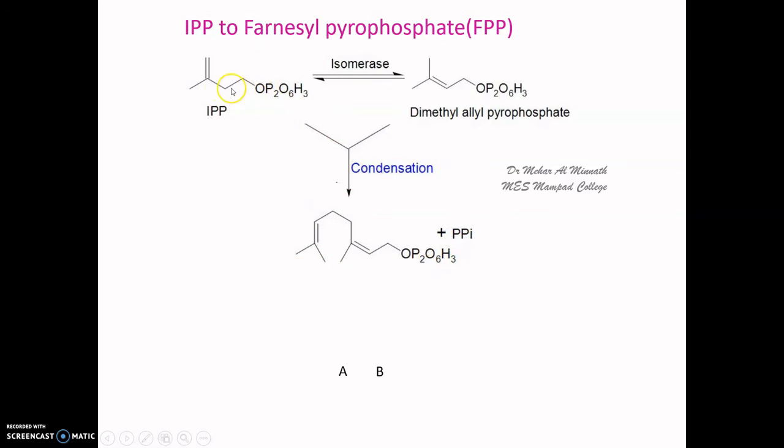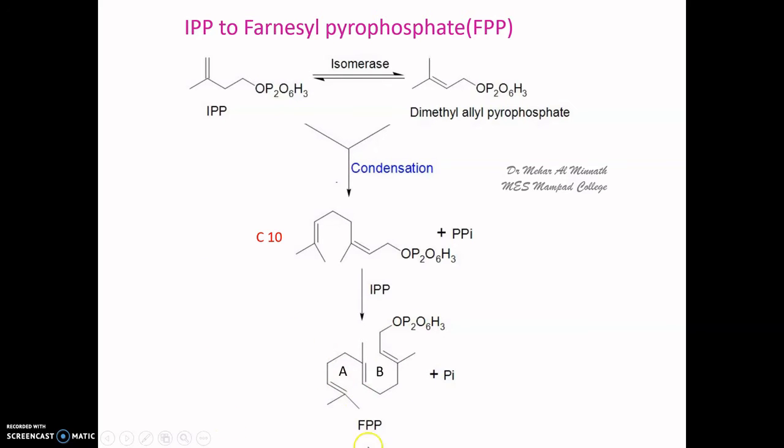Each is a 5-carbon compound, 1, 2, 3, 4, 5. So these two condense together to form a 10-carbon compound, 1 to 10. Now this 10-carbon compound combines with one more molecule of isopentenyl pyrophosphate to form Farnesyl pyrophosphate or FPP.